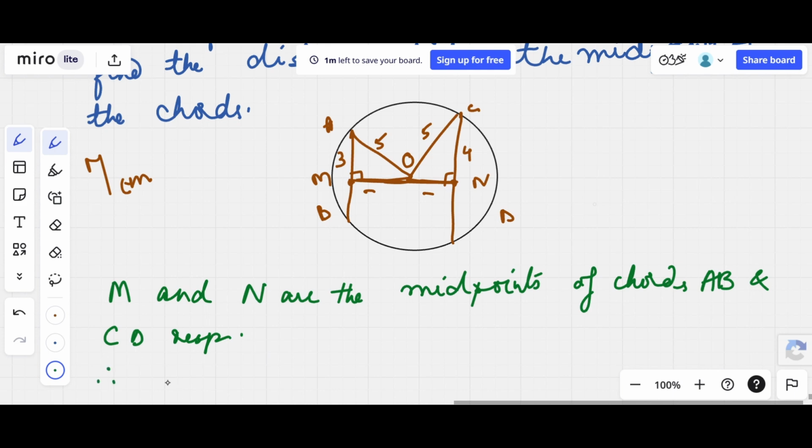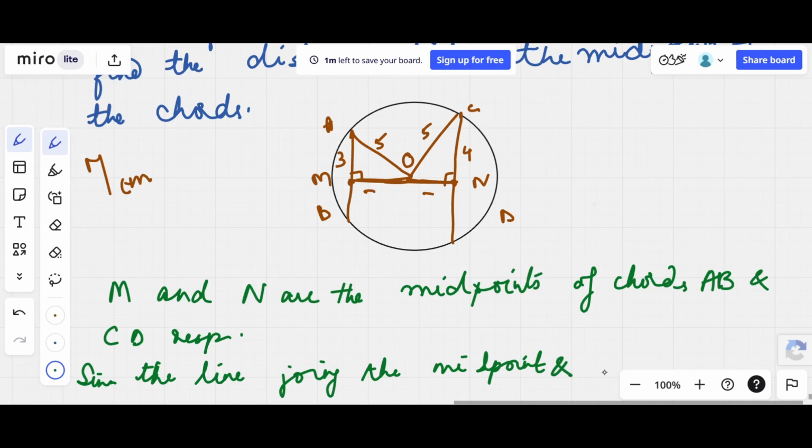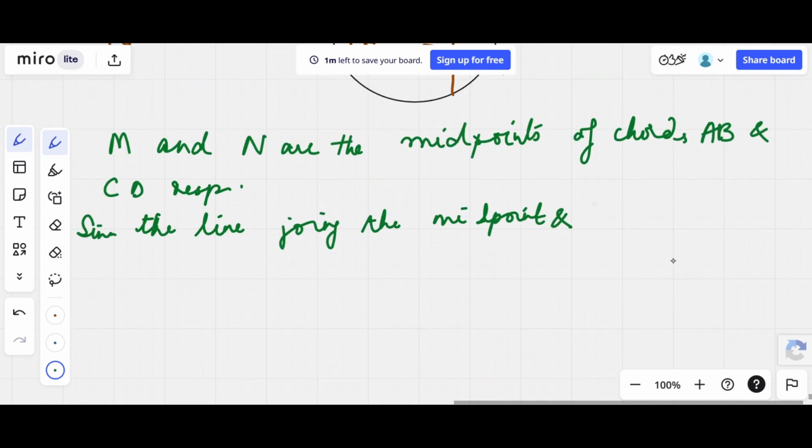Therefore, since the line joining the midpoint and the center of the circle is perpendicular, what will happen?